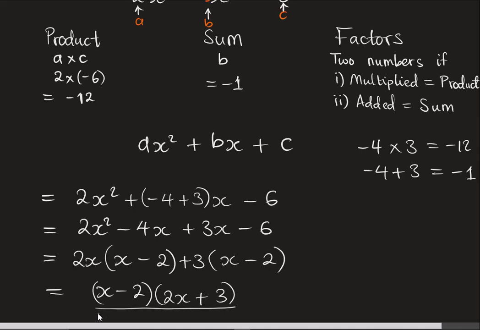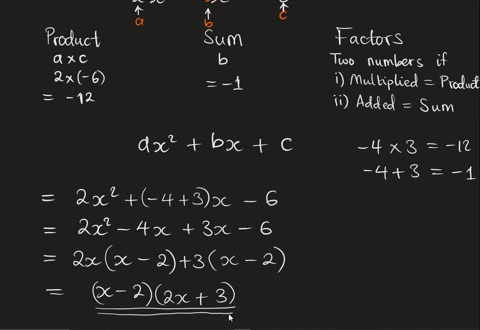So we have completely factorized our algebraic expression, which is a quadratic expression. Notice algebraic expression, general, quadratic expression, a bit more specific. This is how that earlier question we solved can be factorized.